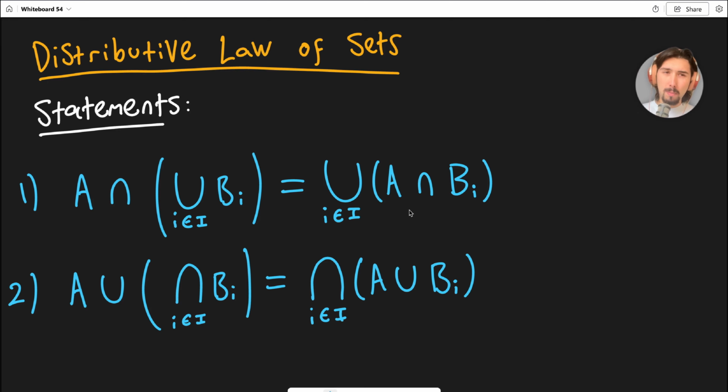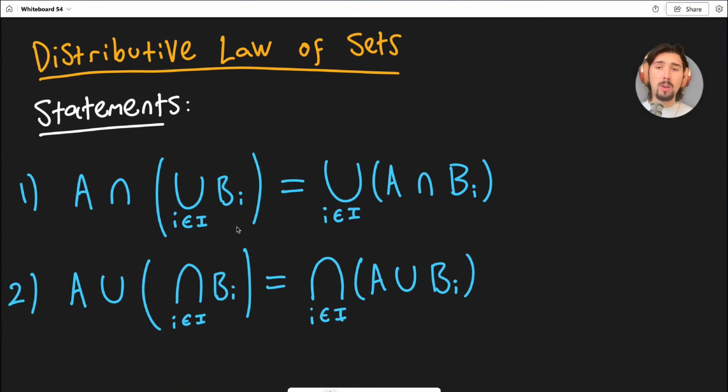First of all, let's unpack what it's saying, because that's quite important. Looking at statement number one, it says that if you've got some set A and some number of sets B1, maybe B2, B3, B4, and it's just any B_i, where i is inside of some set capital I. That set capital I can be any set that you want.